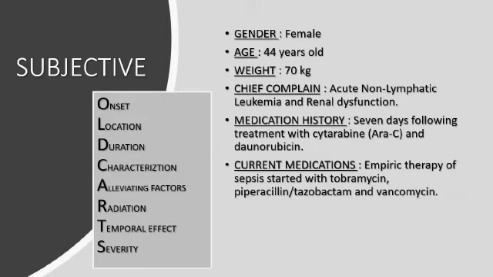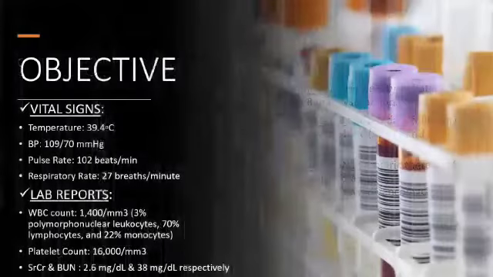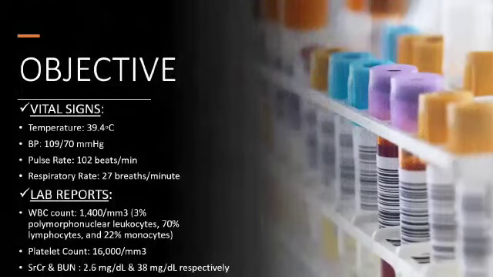The objective of this case will be the vital signs which we have noted: temperature 39.4 degrees Celsius, blood pressure of 109 by 70 mm Hg, pulse rate 102 beats per minute, while her respiratory rate is 27 breaths per minute.